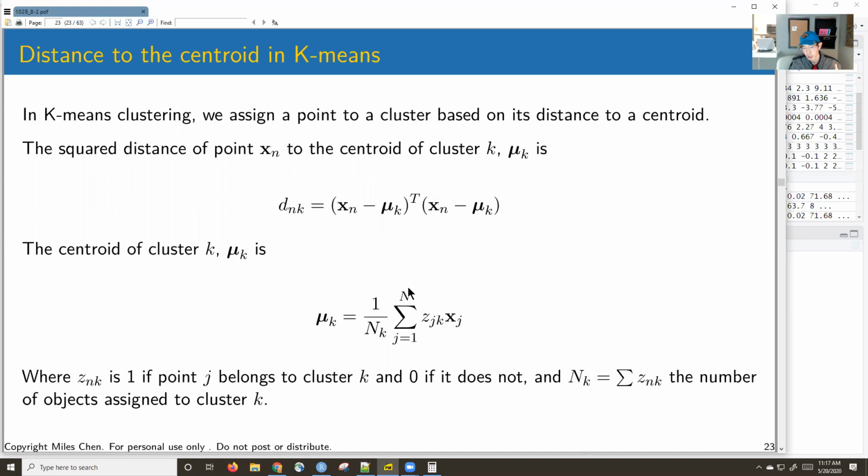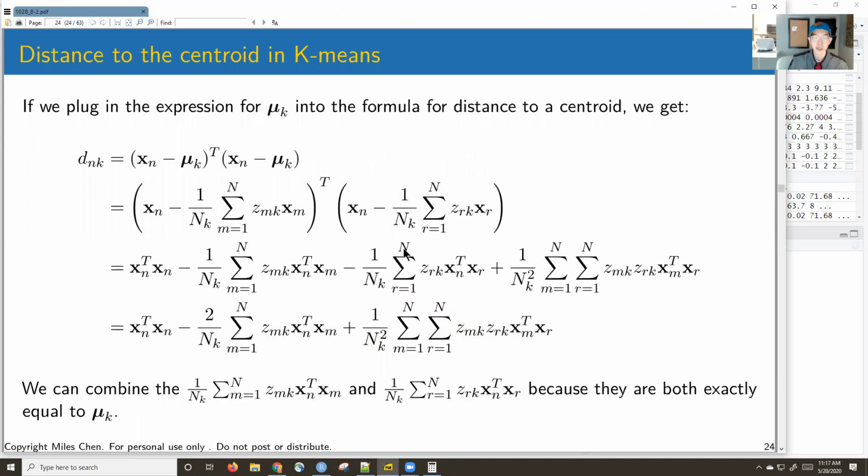I'm going to plug this thing in for mu sub k. That's what's going to happen on the next slide, okay? So this is what I got: this, transpose this, and then we're going to plug in the formula for mu sub k, okay?